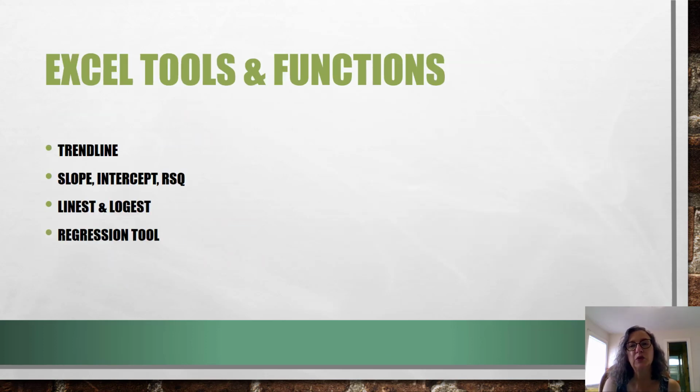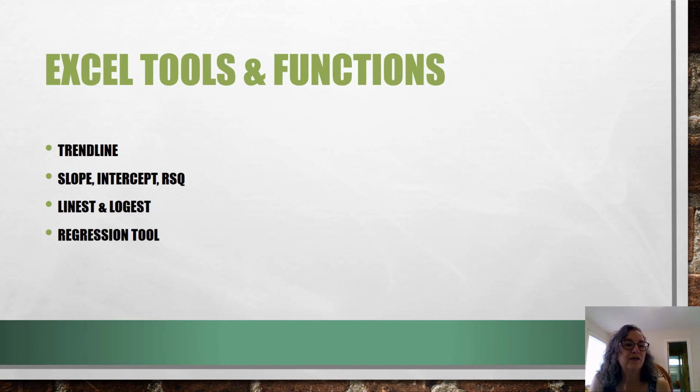We have several tools that we can use within Excel. One of these is Trendline, which is probably the handiest as far as trying to figure out what's going on, but not necessarily the best if I'm trying to work with things. We have some functions we can use, SLOPE, INTERCEPT, and RSQ, which will evaluate the slope and intercept of a straight line and the R-squared value for that line.